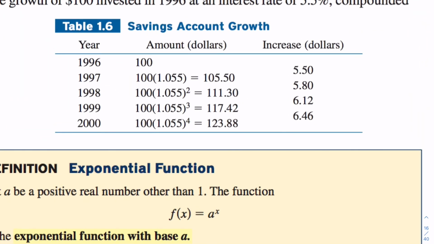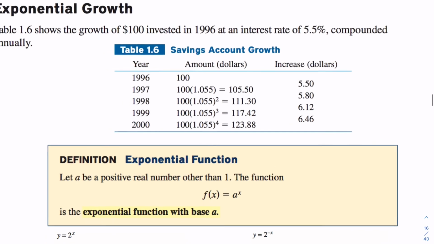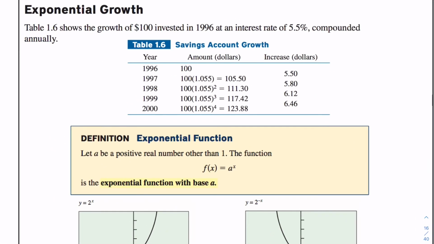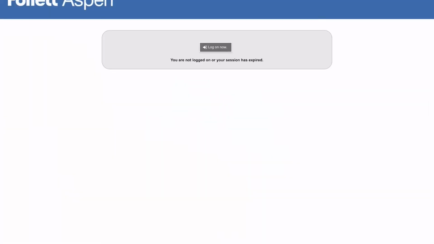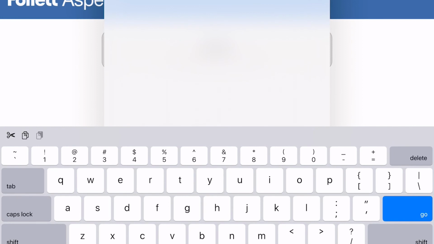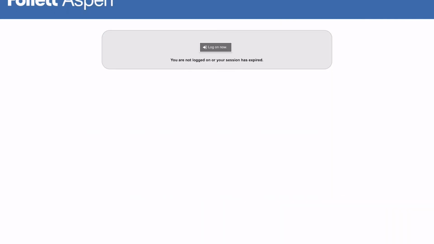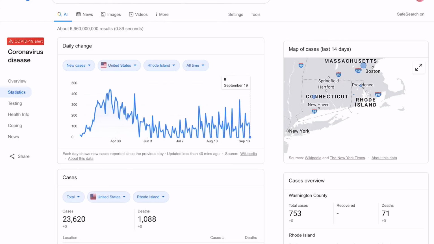And right now, we're currently in a pandemic, and we're seeing the increased numbers. If we were to go to COVID cases, let's see, Reuters is there.